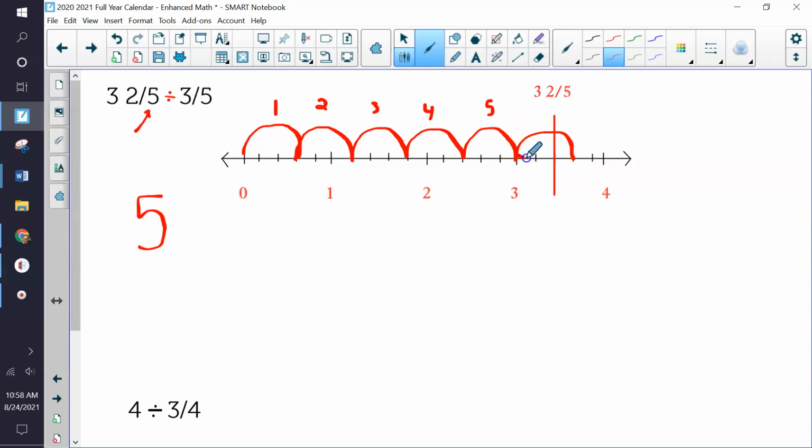And notice we only want the fraction piece that gets us to the line. That's it. What fraction of this is the whole jump? So we notice that there are 3 spaces, and 2 of those will get us to that line, so that's 2 out of 3, and it will look like that.